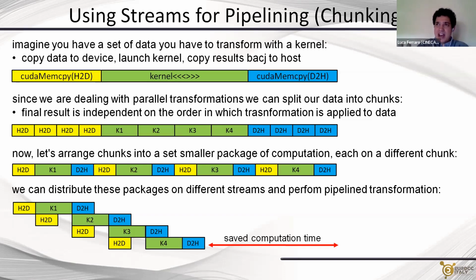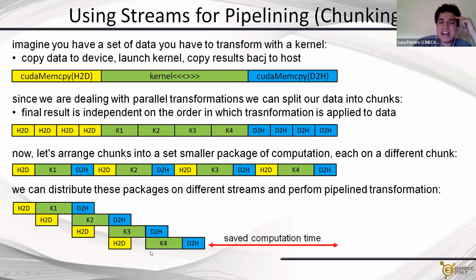Results will be unchanged. But since now you are aware of streams and you can also declare multiple streams, you can think that we can assign the first chunk, for example, to stream 1.